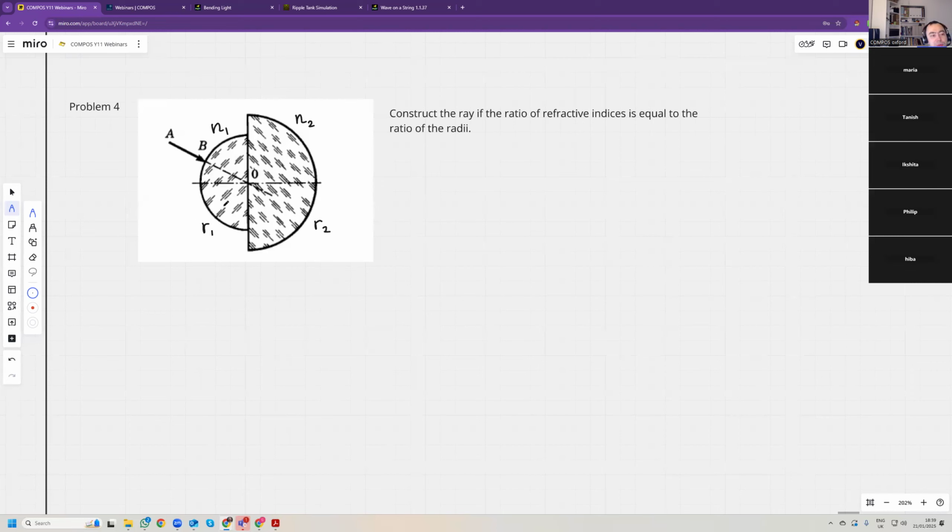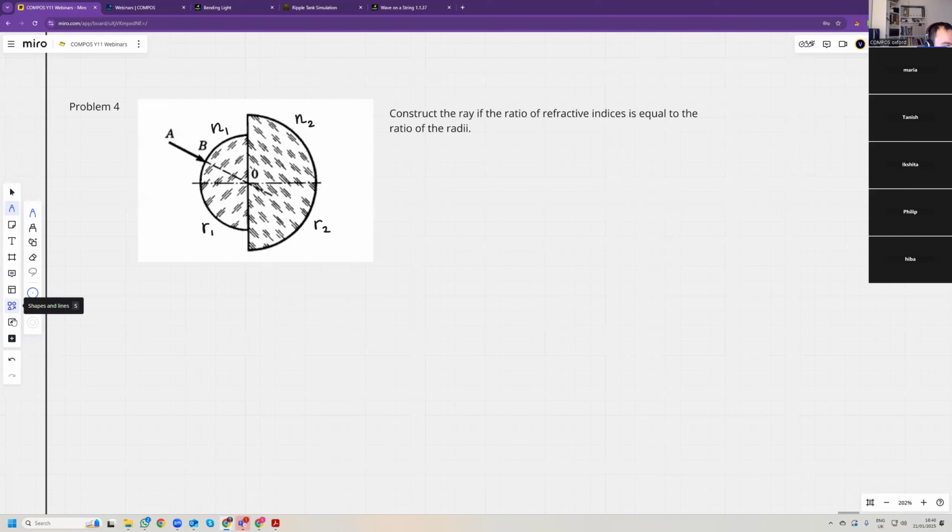So you want to construct. What does it mean to construct? You're not allowed to measure stuff or do any calculations. The only thing you can do is use a straight edge and a pencil. Okay, so let's start constructing.